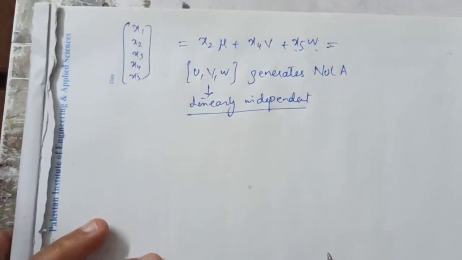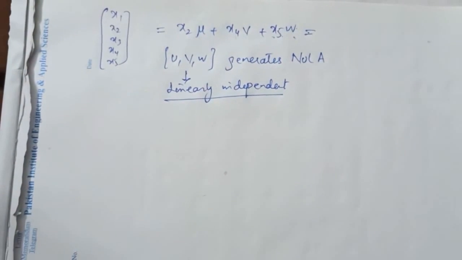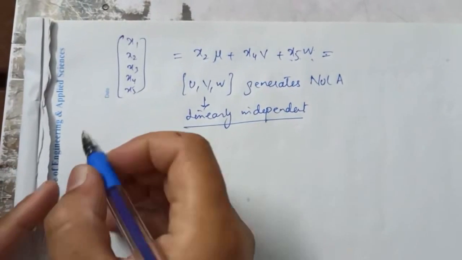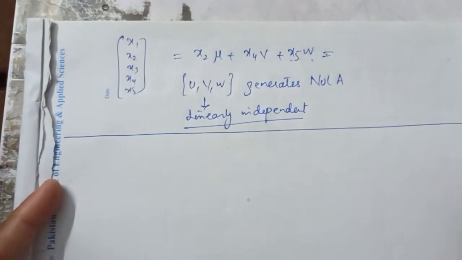Now as a next example, as we have found the basis for the null space of A, let's try to find the basis for the column space of a matrix.